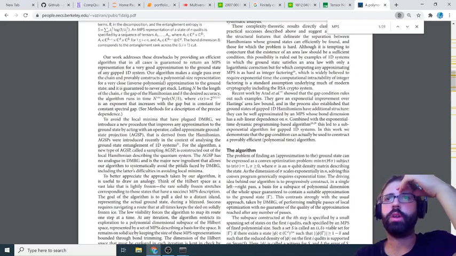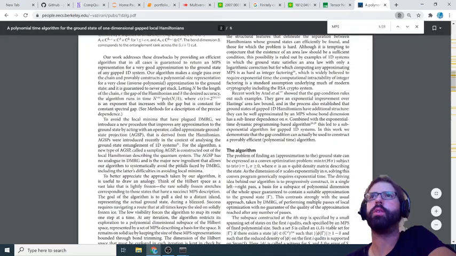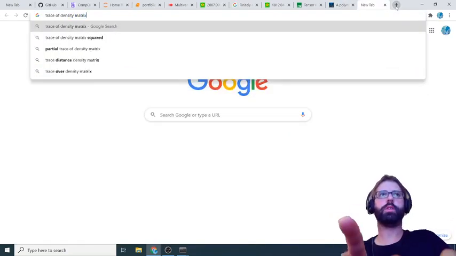As the dimension of the matrix scales exponentially in n, solving this convex problem generically requires exponential time. Oh, so it's about the trace. So finding the trace is the ground state. Is the trace of density matrix.